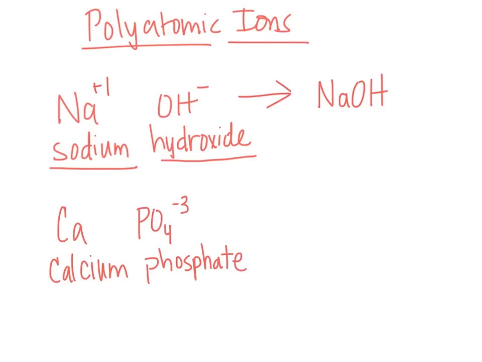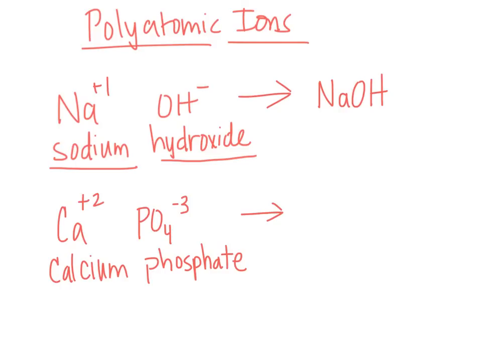Once again, the names do not change if we are using a polyatomic ion, so calcium phosphate is going to be the name of the compound. And let's find calcium on the periodic table. It is in group 2, so this has a +2 charge.